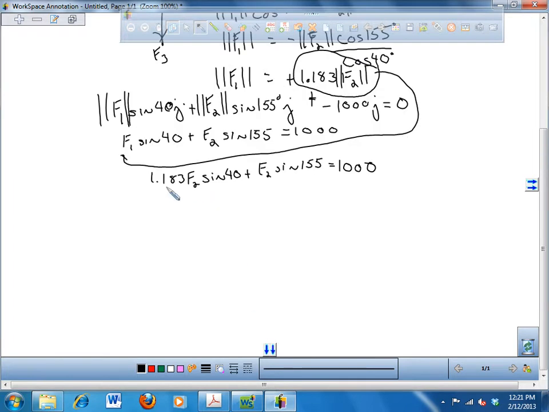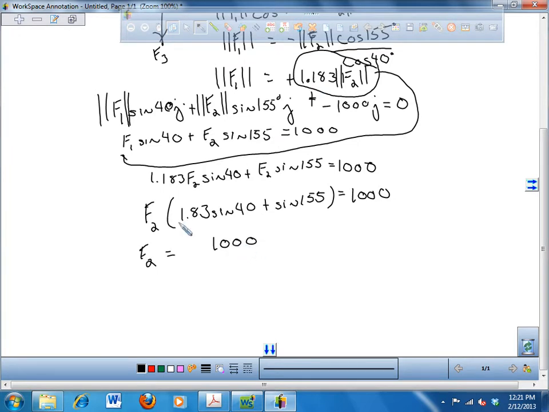And then I factor out a force 2. Force 2 times 1.183 sine 40 plus sine 155 equals 1,000.